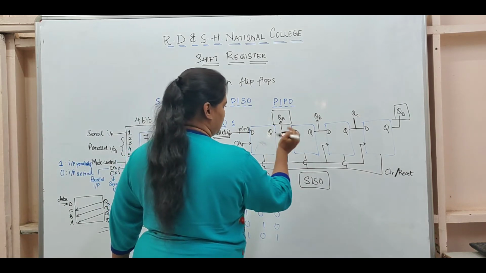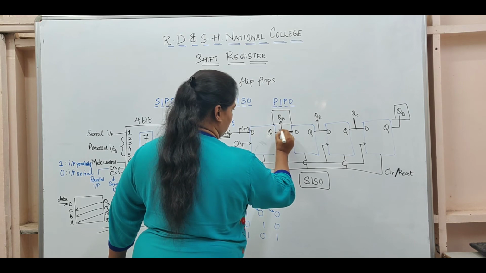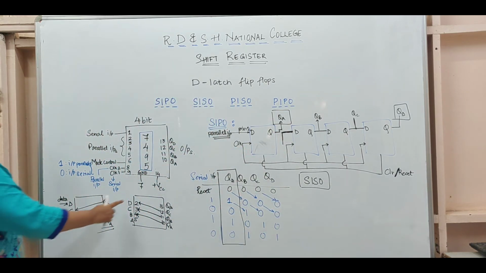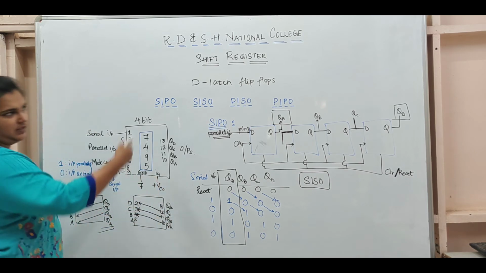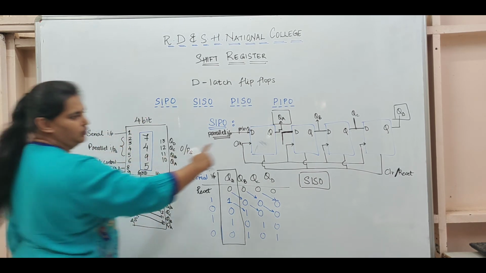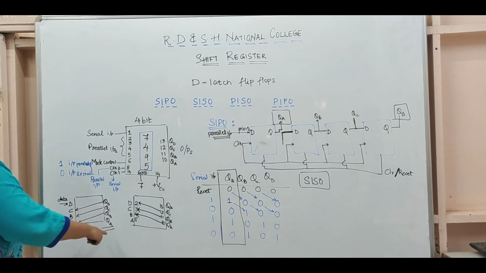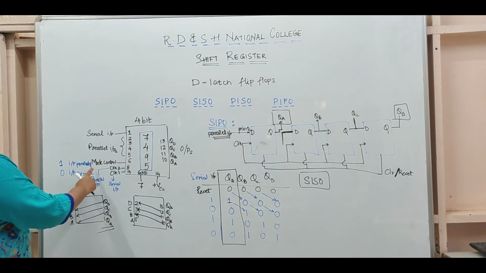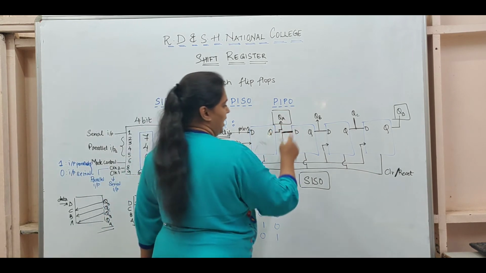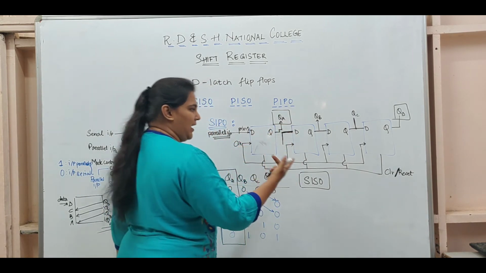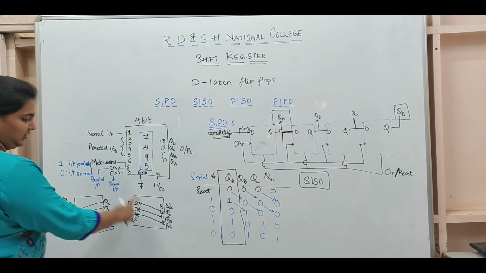Even here, Q was going here, but since I made these connections, this got internally connected. We did not do this in serial, though I told you that Q is connected to the input of the next, so why did we connect this separately here? Because mode control automatically gives this as the output and the D input is taken from outside, because I am saying parallel in. So that is why I had to make these connections.